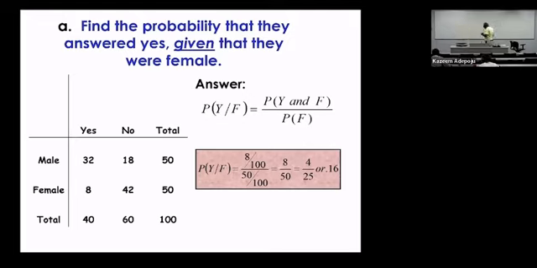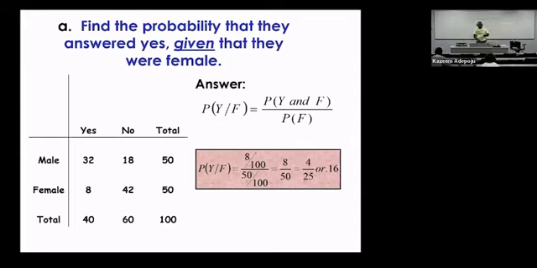Now, based on what we've done the other time, if I want to find the probability of Y and F, it's basically going to be equal to the cardinality of this, divided by the cardinality of the sample space.